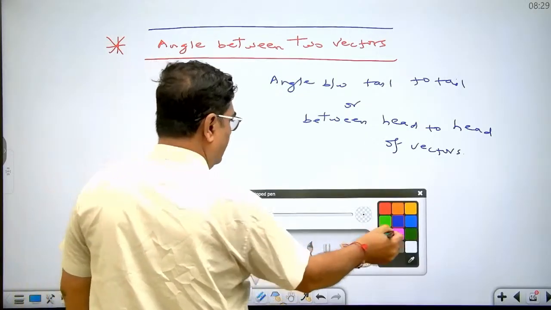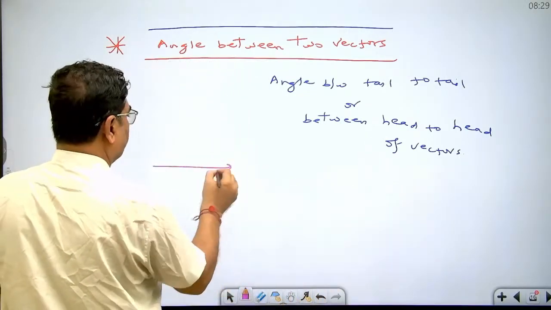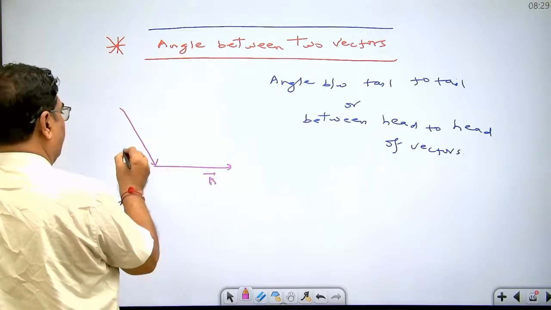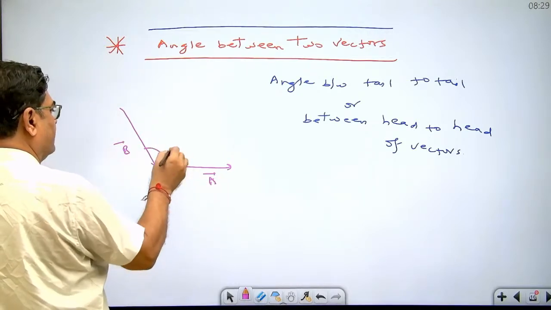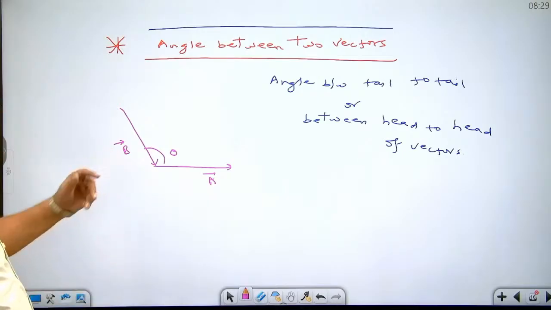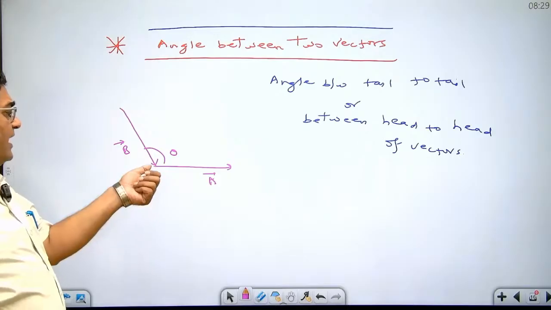For example, here is a question. Suppose this is vector A and this is vector B and the angle is theta. We have to find the angle between vector A and vector B. This theta is not the angle between vector A and vector B, because this theta is the angle between tail and head.